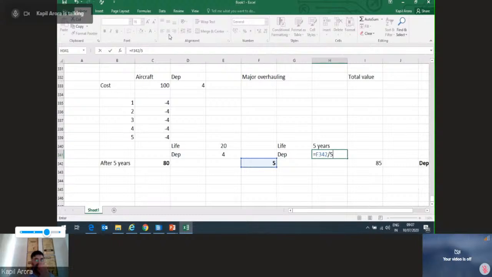So what is my total depreciation now in years 6, 7, 8, 9 and 10? It would be minus 4 here, whereas minus 1 here for the next 5 years. What would be the value of this after the 10th year?